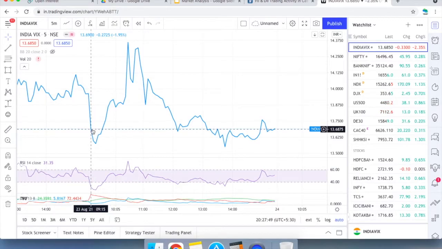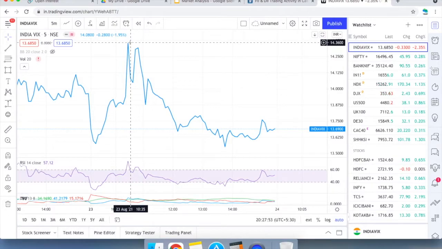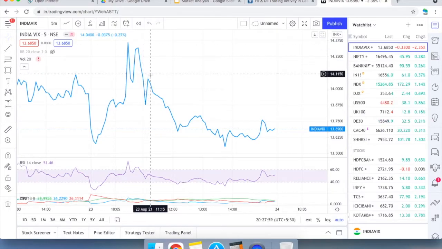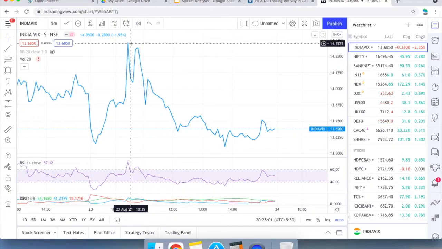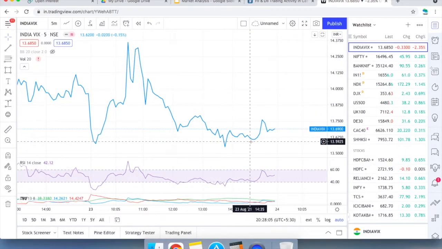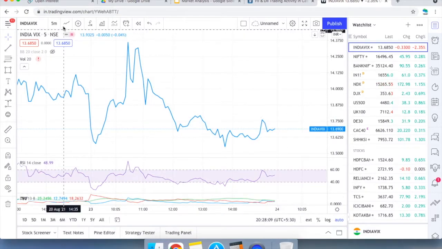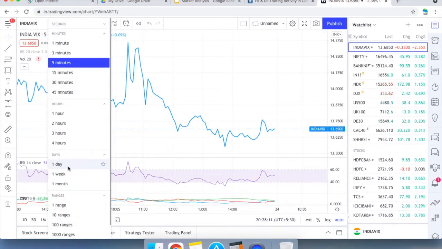Actually, when the market moved up, it then dipped. So VIX shot up to 14.3 levels. That's probably the highest in recent times. And then the market recovered, a V-shaped recovery happened. It dips, and then it stayed flat. This is the action. But finally, it settled at a lesser VIX than yesterday.